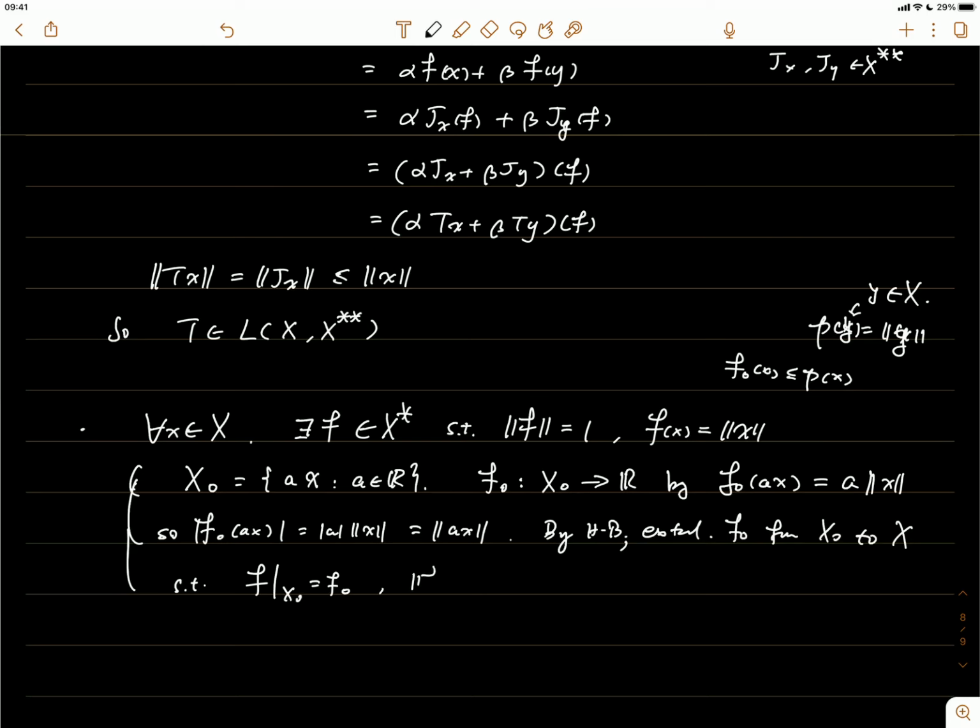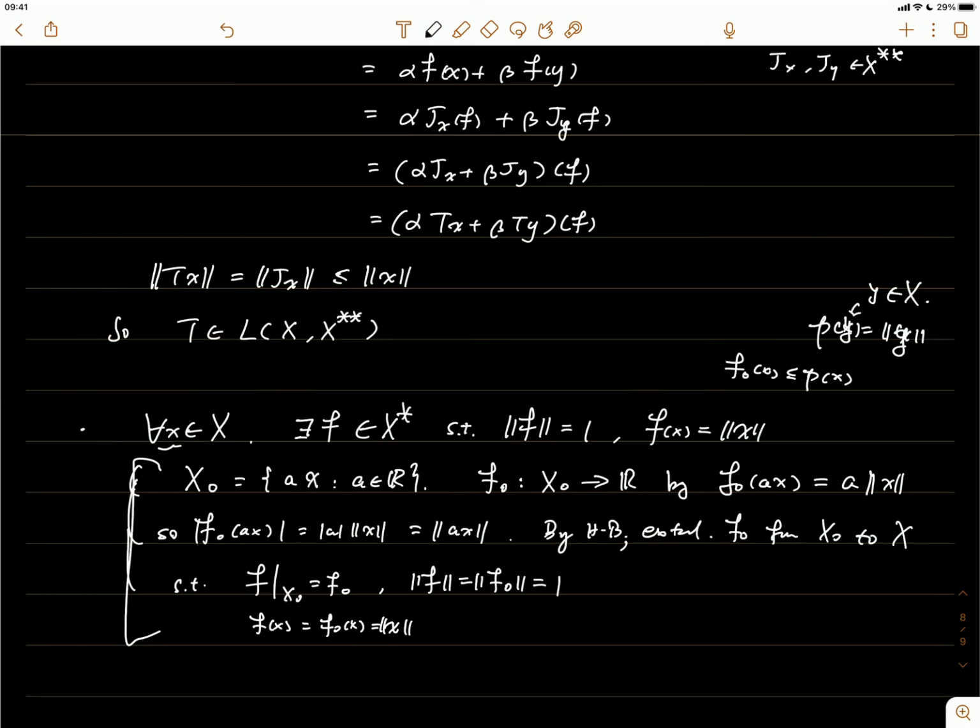And most importantly, we know that this f has the same norm, which is equal to 1 right now. Also it takes the same value as f naught. So when we evaluate f at this particular point, it should be equal to f naught of x, which is just the norm of x. So that's how we made that claim.